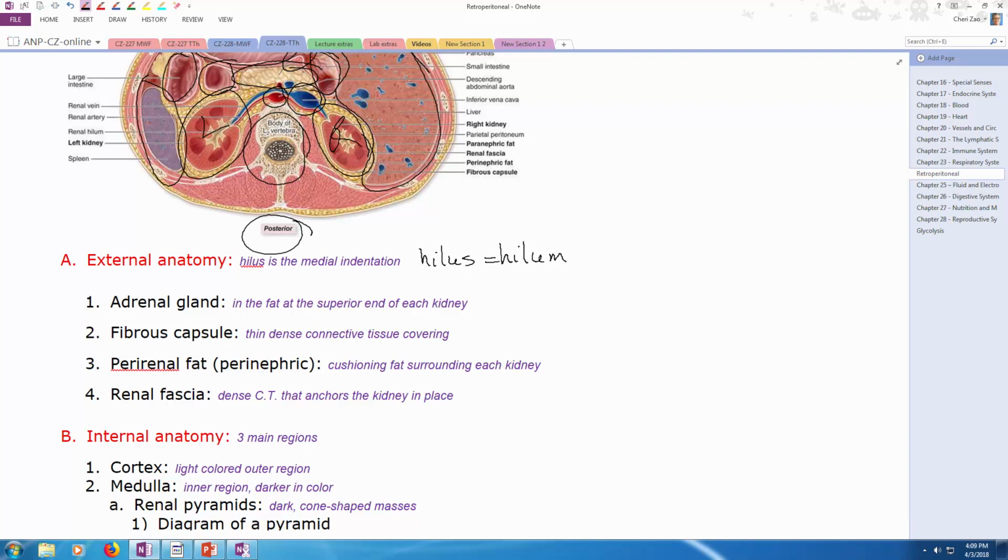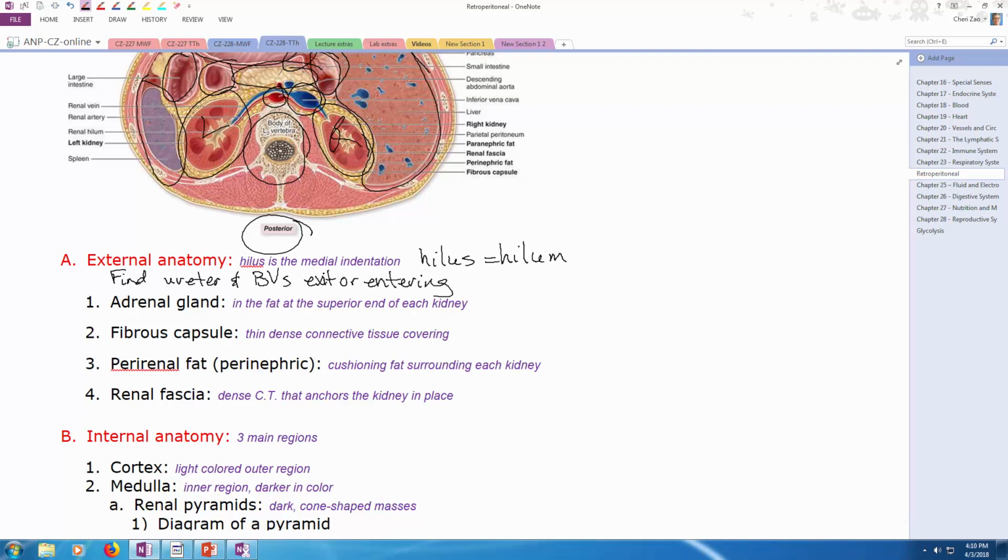And from that area, we will find our ureter and blood vessels exiting or entering, depending upon your structure, right? The ureter exits, the vein exits, and the artery enters.